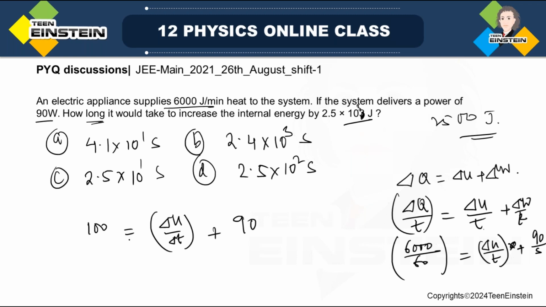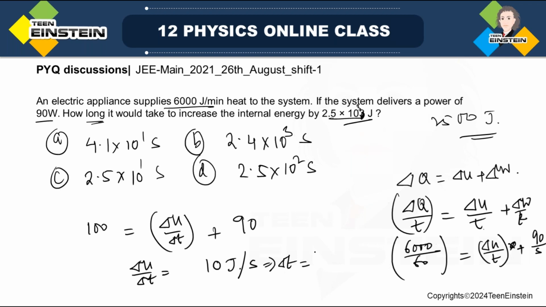So du by dt is actually 10, joule per second, obviously. So what is the time? We have to find out the time. So du is given already. Change in energy is given. So we'll put that value here and find out the time.